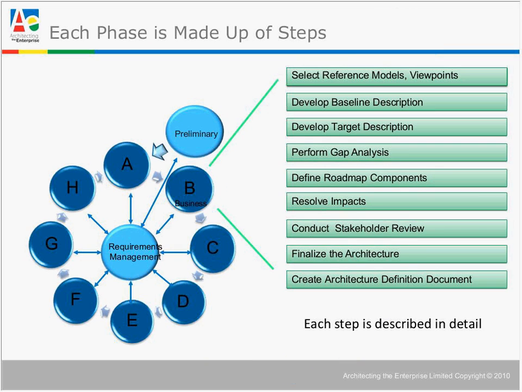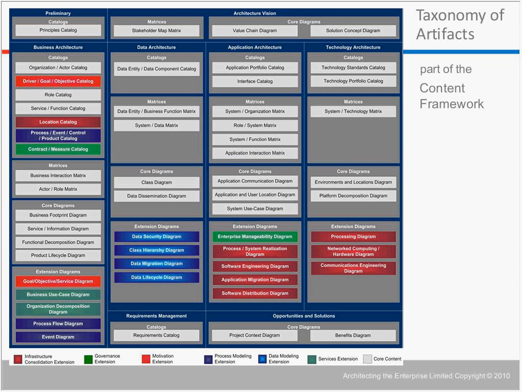Each phase is made up of steps. So when I say detail, I'm serious about that. For instance, for the business architecture, you first select reference models, viewpoints. Let me go forward a slide here, and I'll show you what I'm talking about. TOGAF, let's say business architecture, has 21 different artifacts you can choose from.